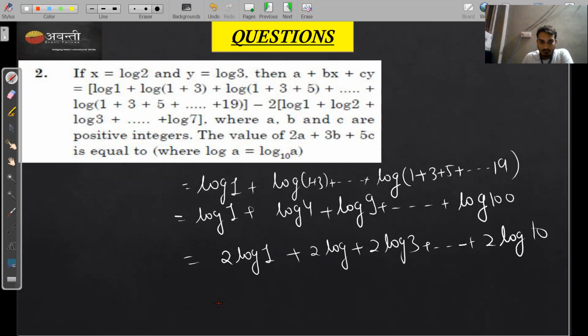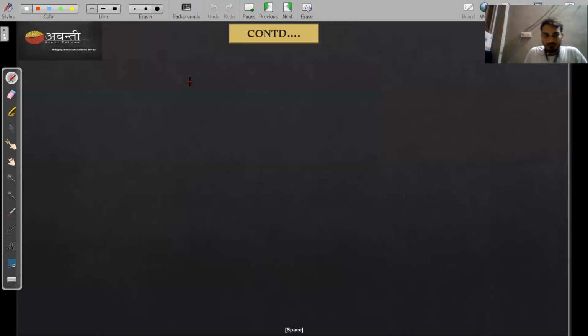Take the 2 common, and it becomes 2 times log 1 plus log 2 plus log 3 and so on up to log 10, right? So this can be written as 2 times log 10 factorial, yes or no? Right?